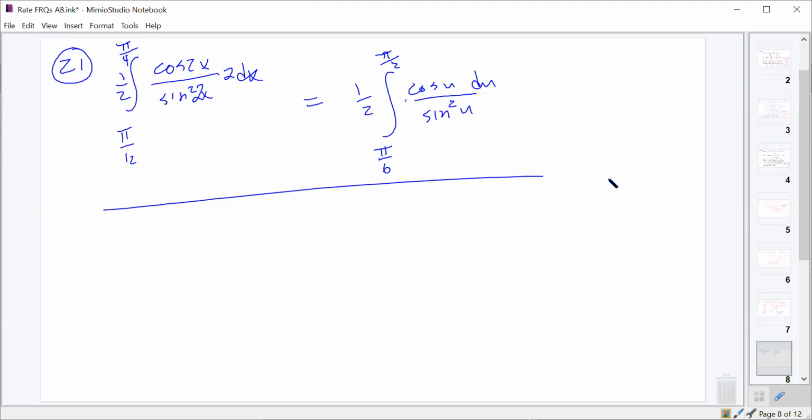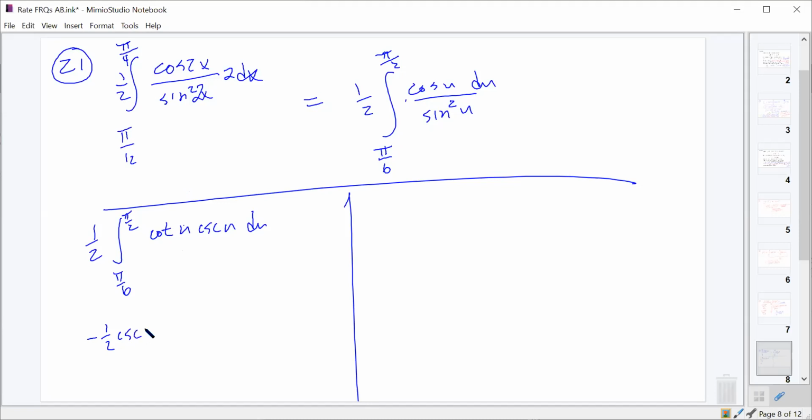So one way, we'll do this both ways, we could make this 1/2 the integral from pi over 6 to pi over 2 of cotangent u cosecant u du. And the integral of cosecant cotangent should be negative cosecant u.